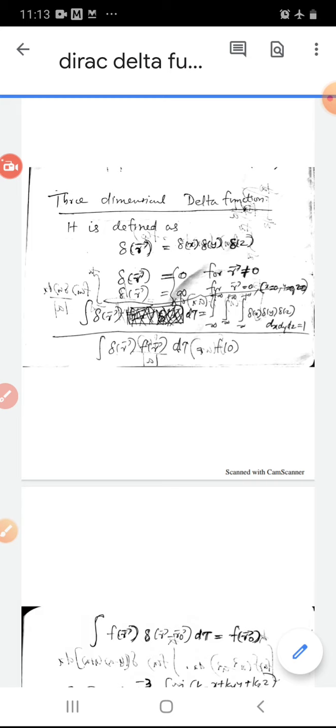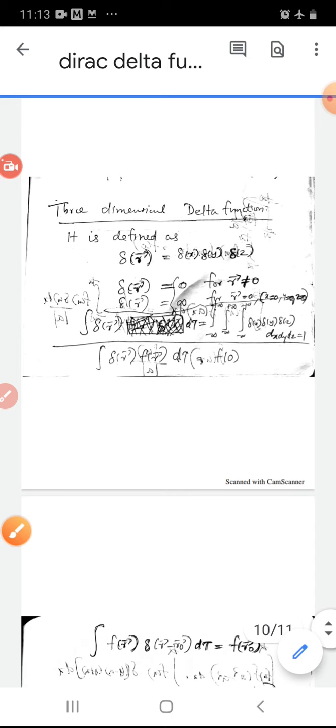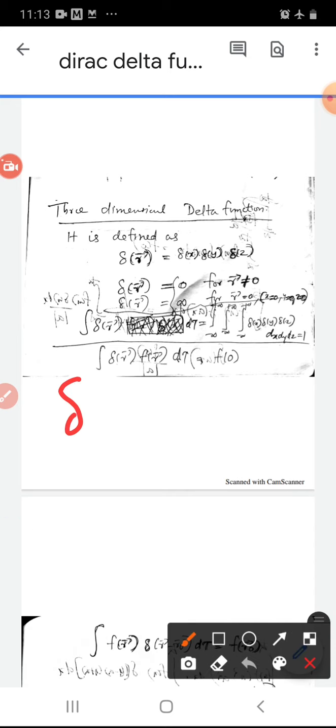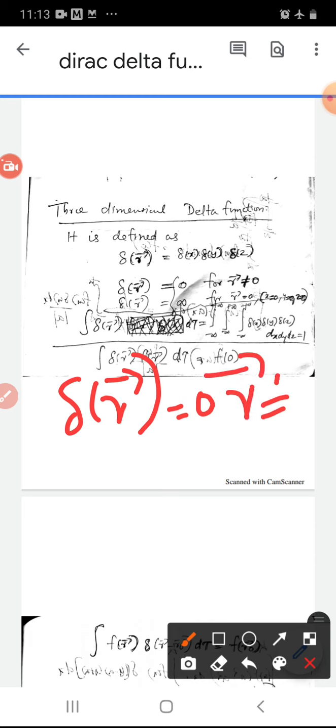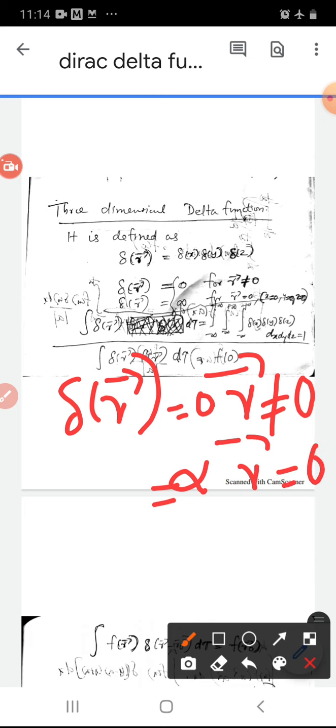As we had in the one-dimensional Dirac delta function, the first property is that delta r is 0 for r not equal to 0, and it is infinity for r equal to 0. This property we had for the one-dimensional Dirac delta function.